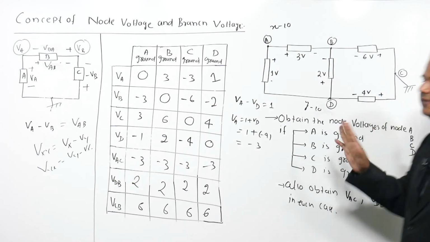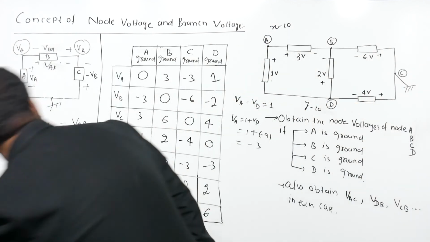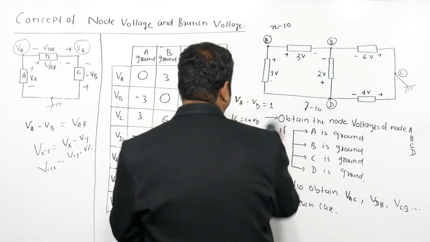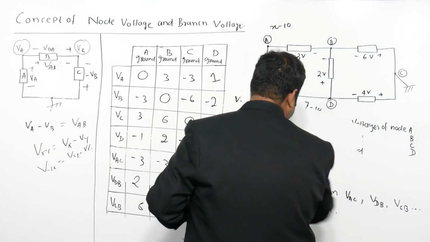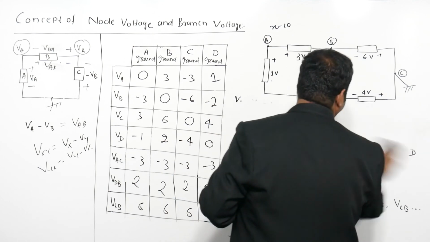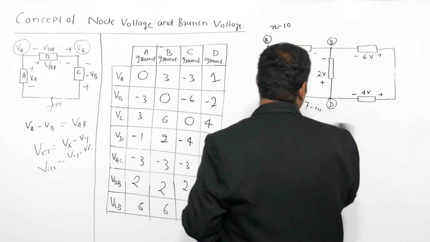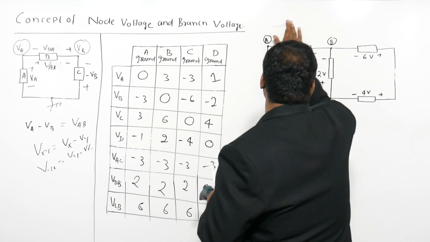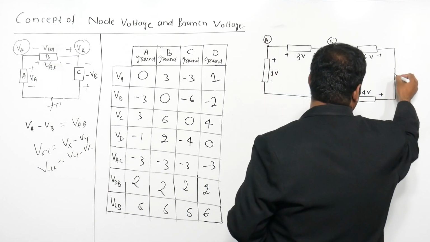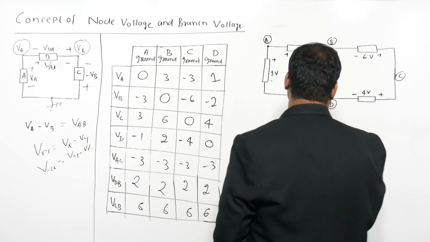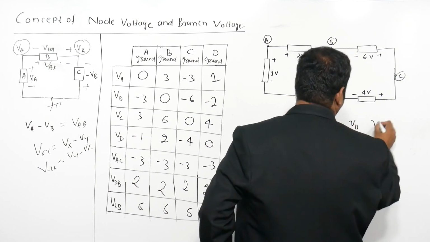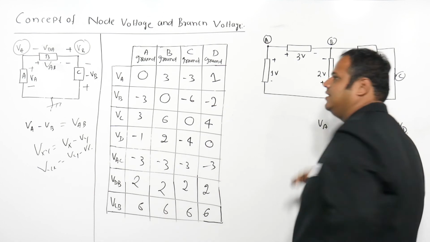Now, the observation that someone should make is, suppose somebody is asking, and this is what the network is given, nothing else is given, okay? I have removed the ground also, you see. If somebody is saying, obtain the value of VA, VB, VC and VD, right?